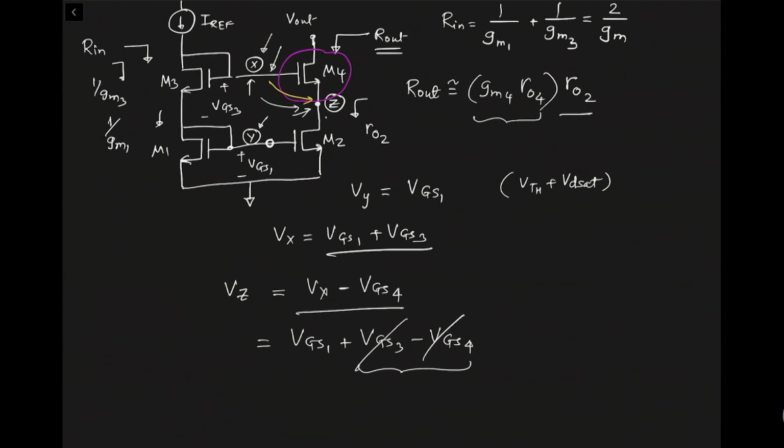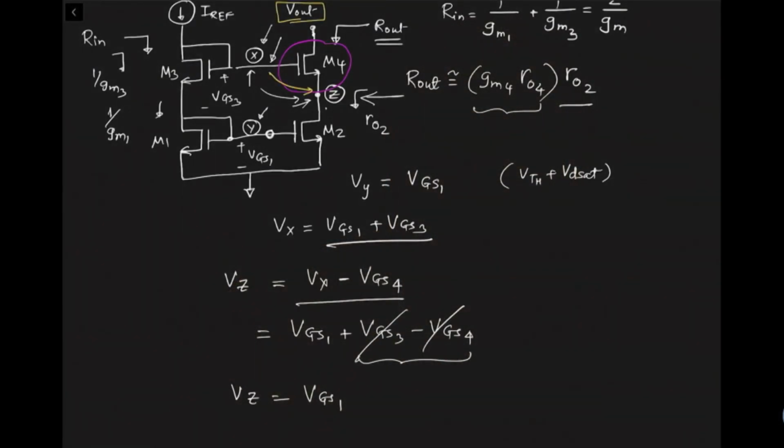And what you will notice is that VZ, which is this node in the middle, will be equal to VGS1. No matter what, if this current mirror is carrying current IRef, then VZ is going to be equal to VGS1, just because of Kirchhoff's voltage law around this loop.